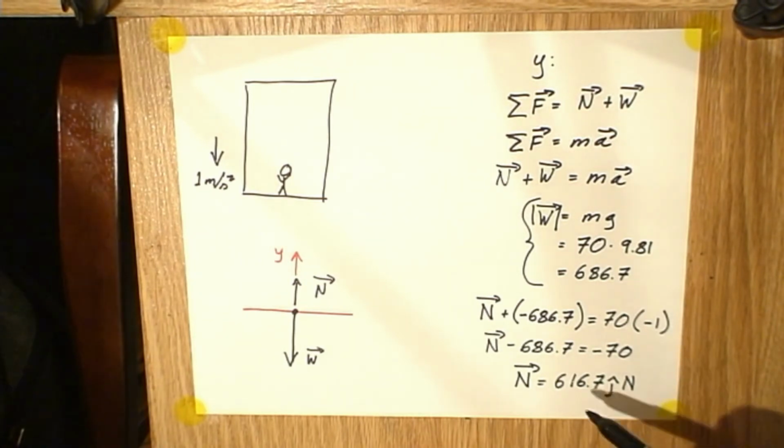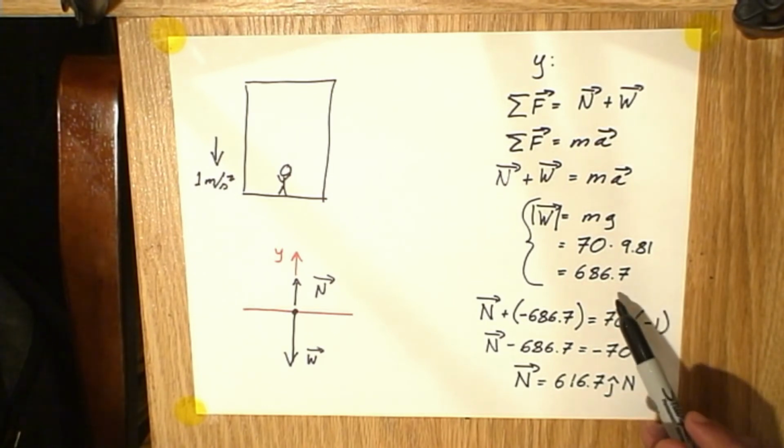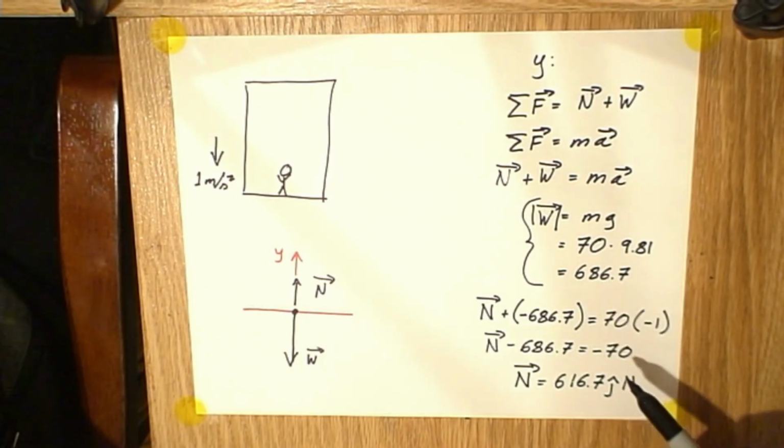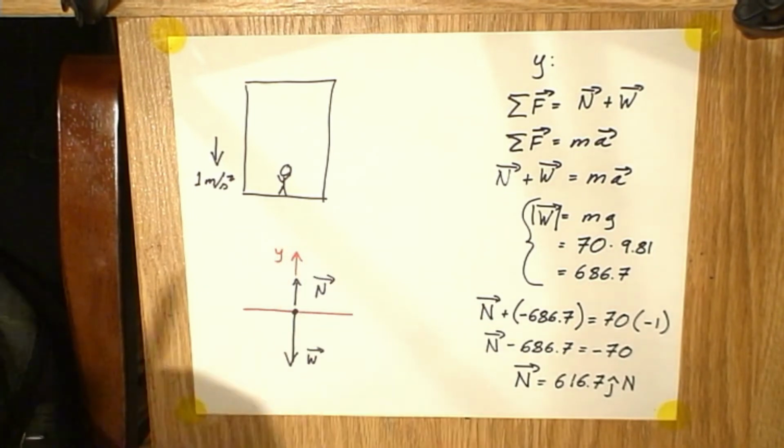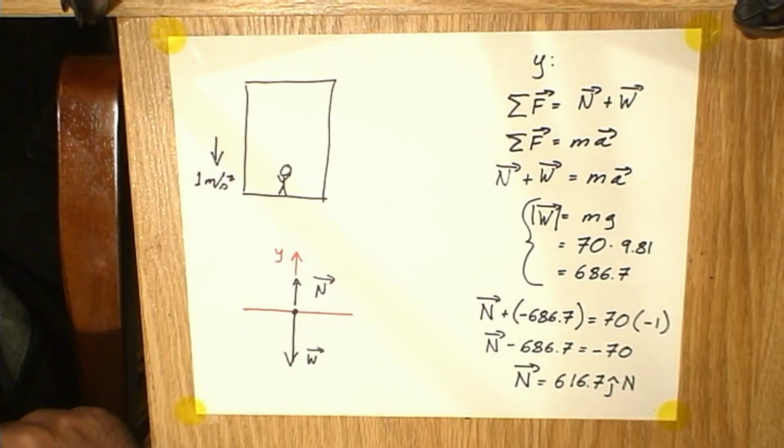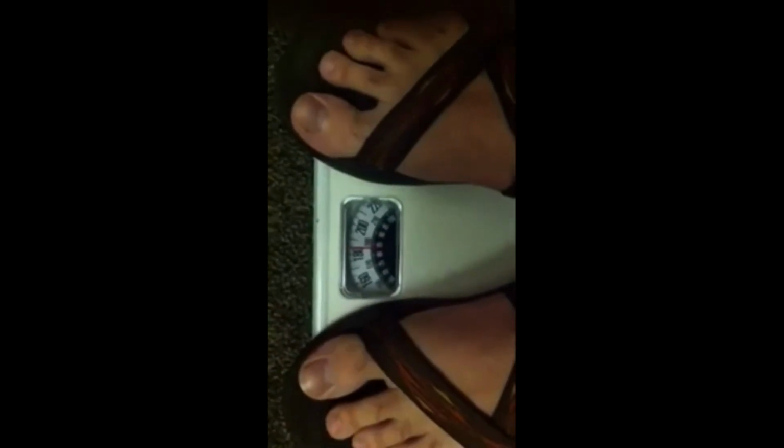So this is an instance where the normal force is less than the weight force, and again, this is necessary if you want to have a negative acceleration. And this is indeed what you see when an elevator accelerates downwards.